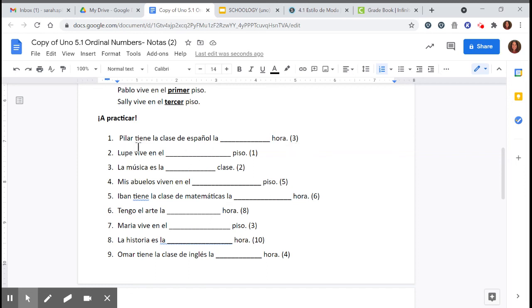So this sentence is saying Pilar has Spanish class third hour. So how would we say third hour? Make sure we look at your chart here, and tercera hora would be third hour. And I need to make sure that I am matching this number to what I'm describing. Hora is feminine, so that's why my number here is feminine, tercera hora.